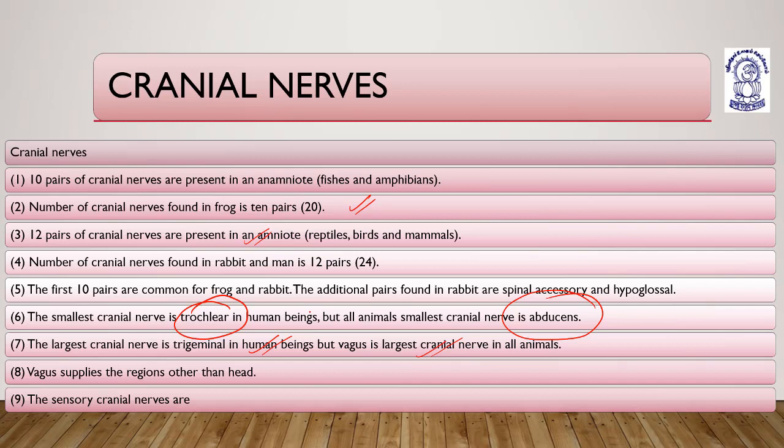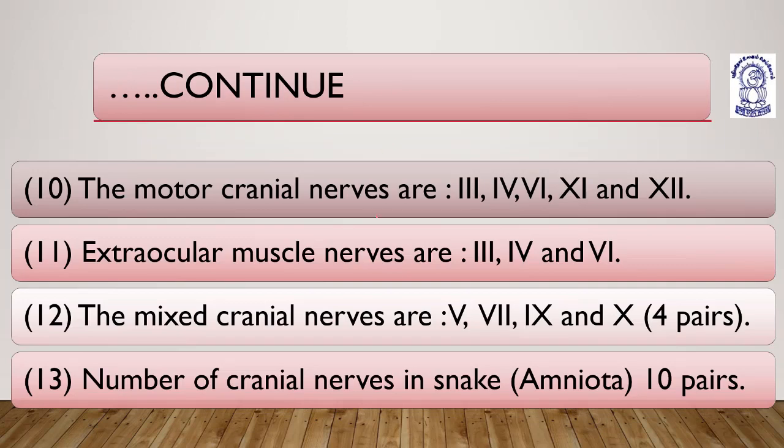Vagus supplies the regions other than the head. The motor cranial nerves are the third, fourth, sixth, 11th, and 12th cranial nerves.